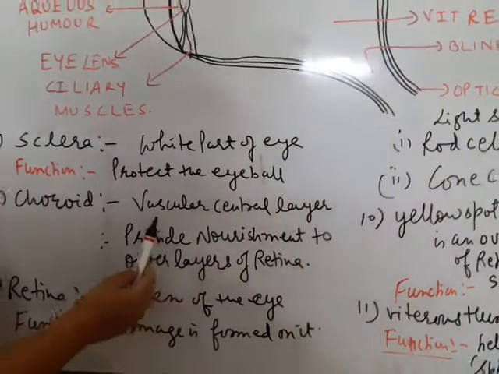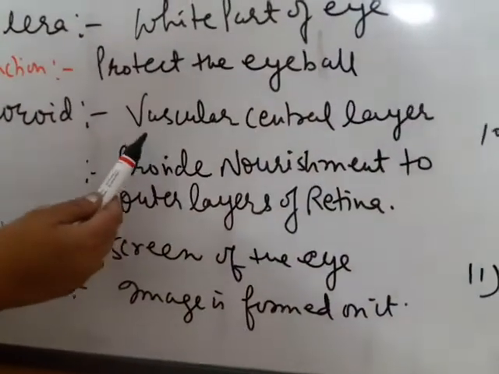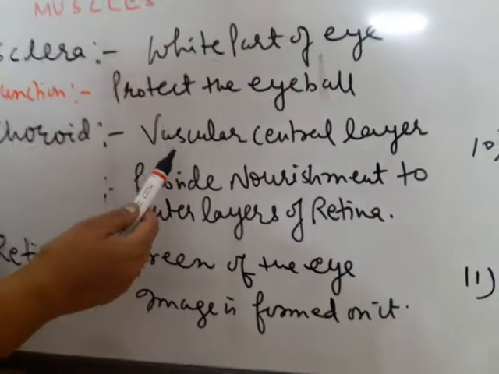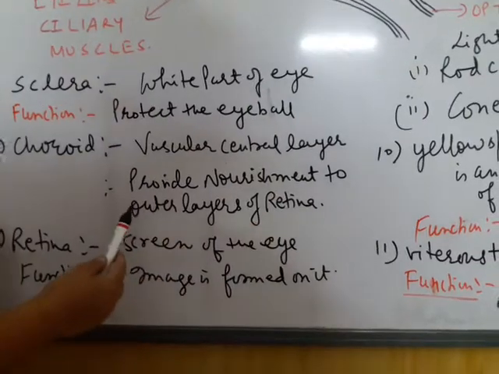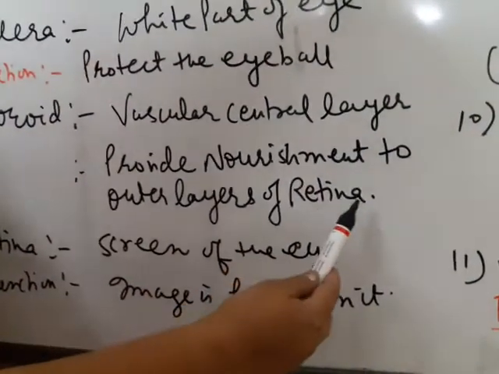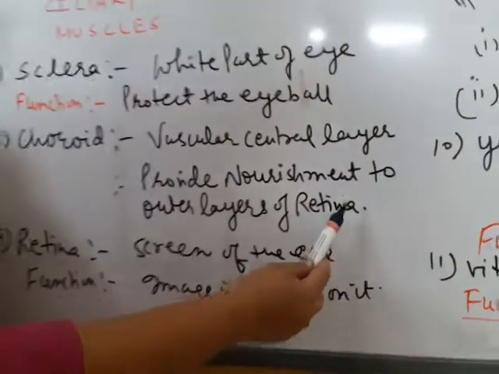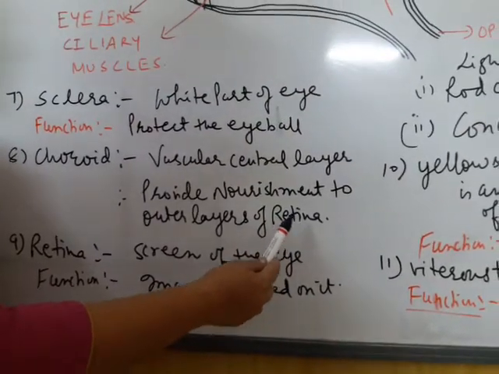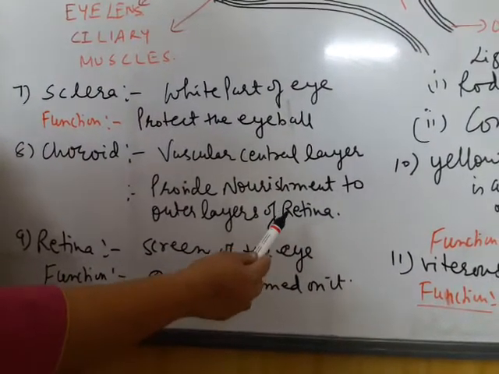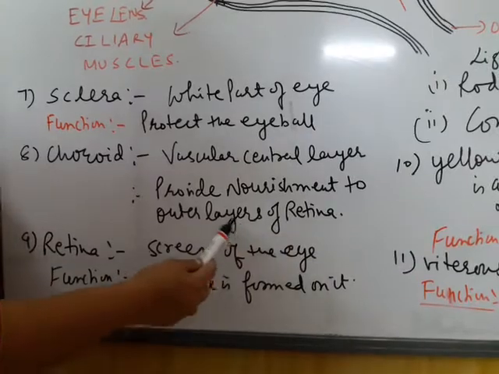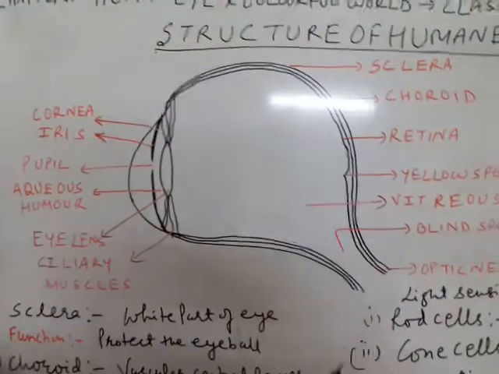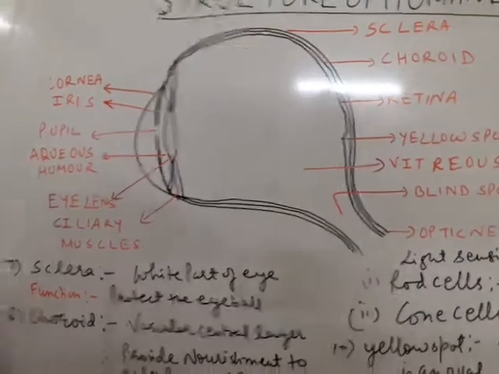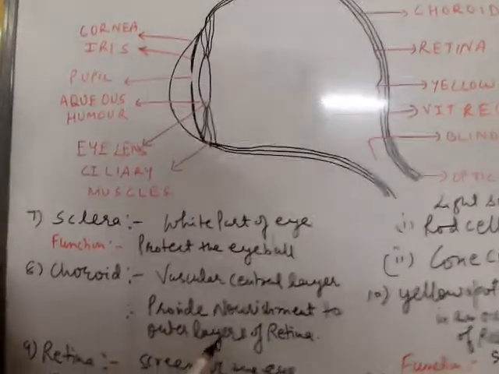Vascular central layer means it contains connective tissues and it provides nourishment to the outer layer of the retina. It gives strength to the retina. It has dark pigments and it makes the inside of the eye dark so that a clear image is formed on the retina.